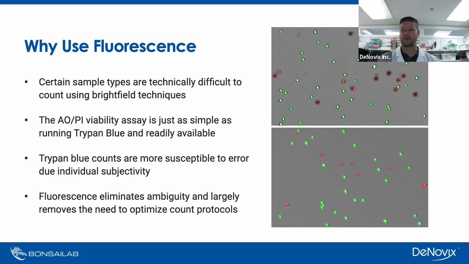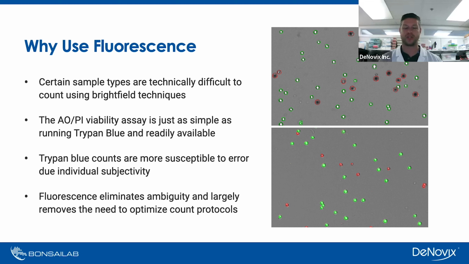So again, why would you use fluorescence instead of the traditional Trypan Blue dyes? Certain sample types are very technically difficult to count using brightfield techniques. Even if you're using an automated cell counter, you still have to set protocols for your Trypan Blue based samples.